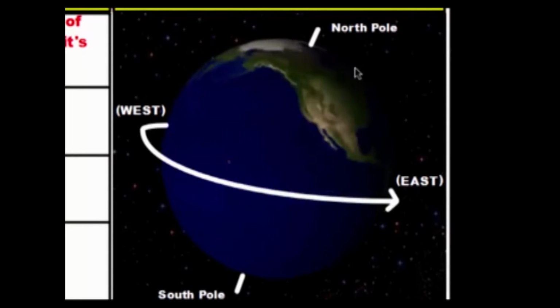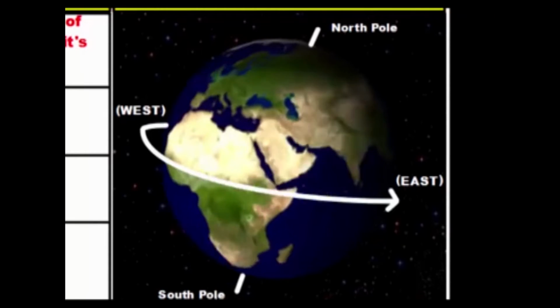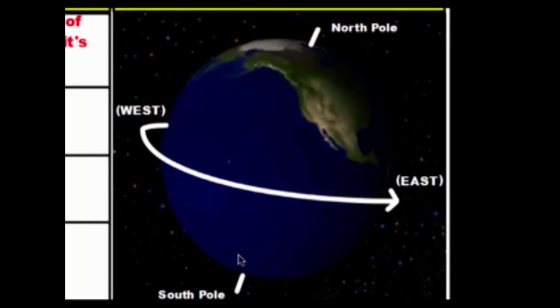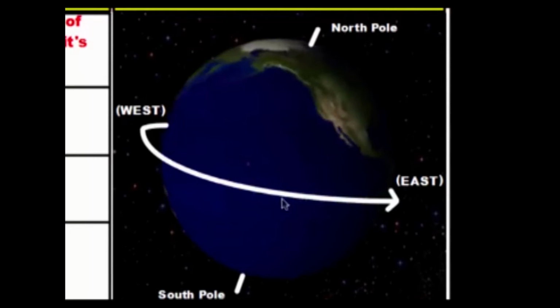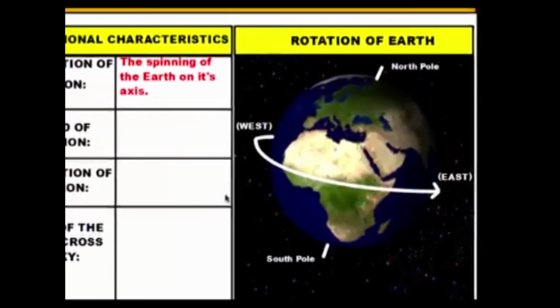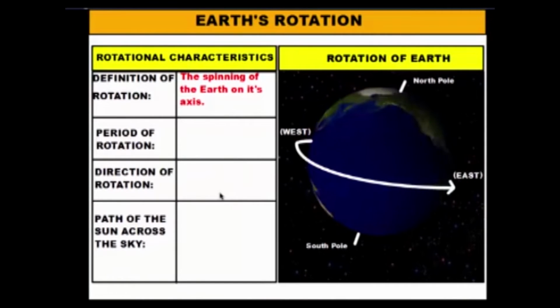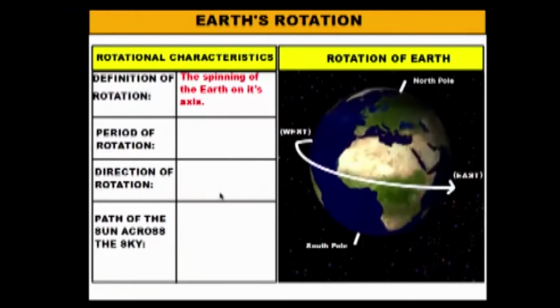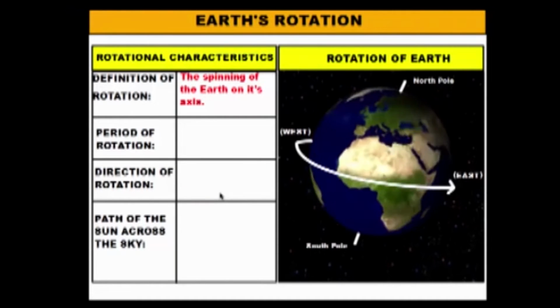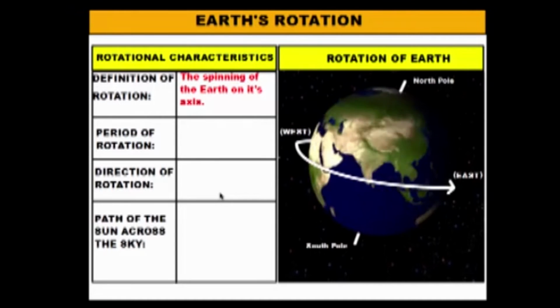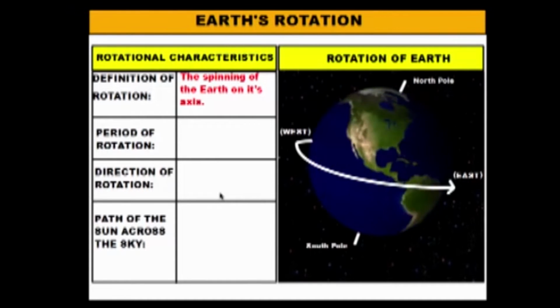This is how the Earth is spinning. If you notice, there's an invisible stick, starting from the North Pole to the South Pole, and the rotation looks like this. It's tilted, guys. It's not really perfect, it's tilted.